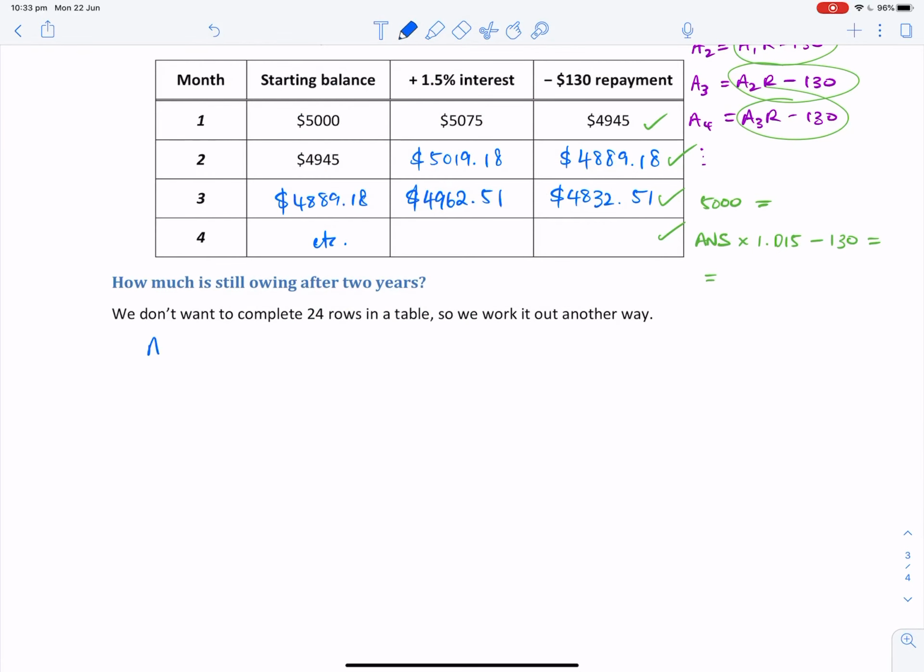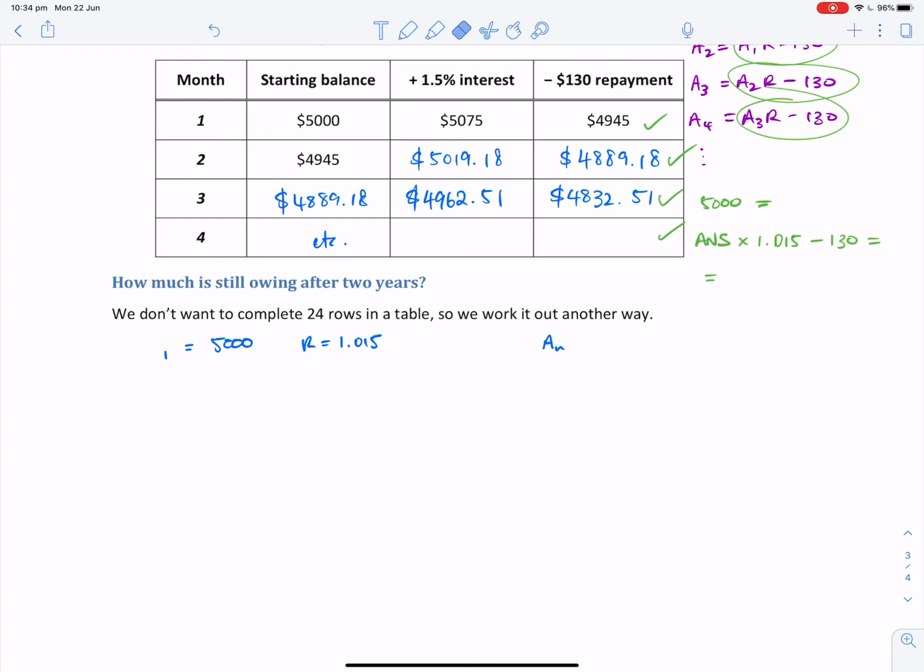All right, so I can't resist writing 0, but okay, A1 equals 5,000 and R equals 1.015. Yes, and it's worth saying what we mean here.